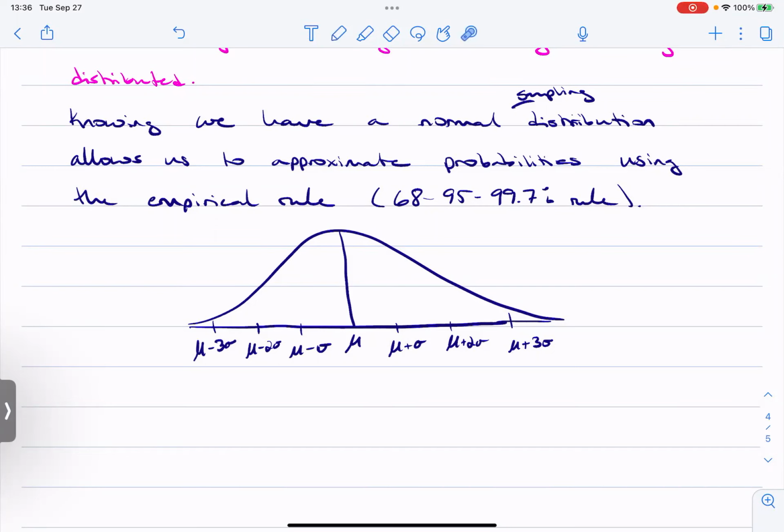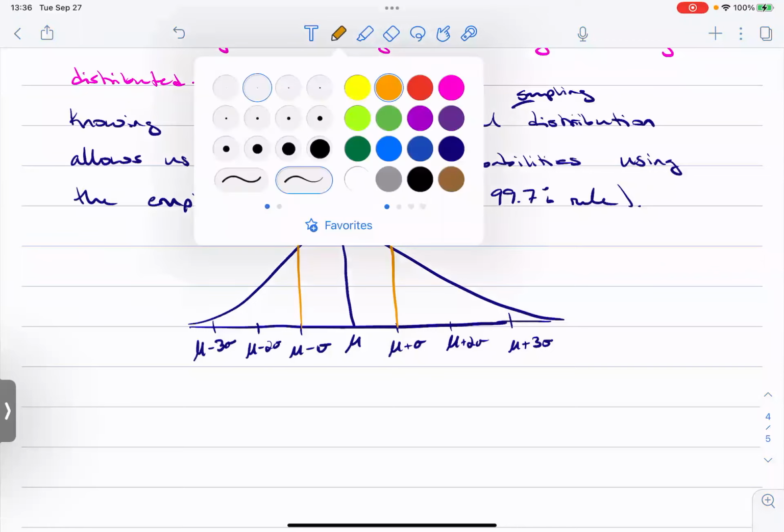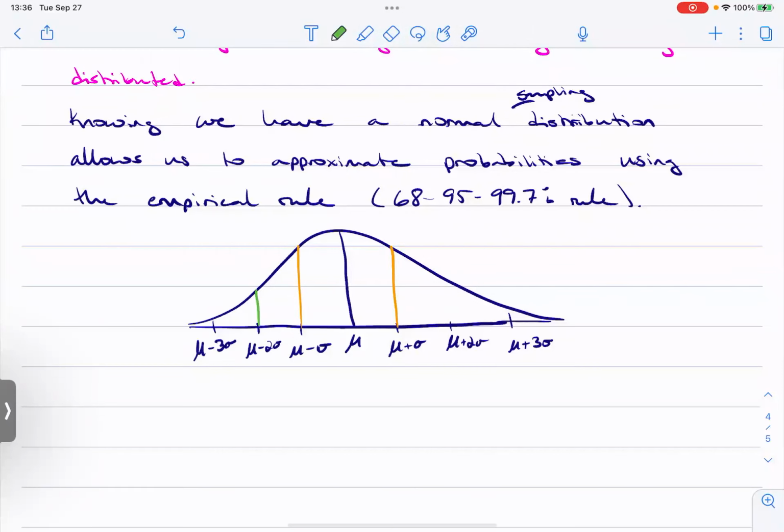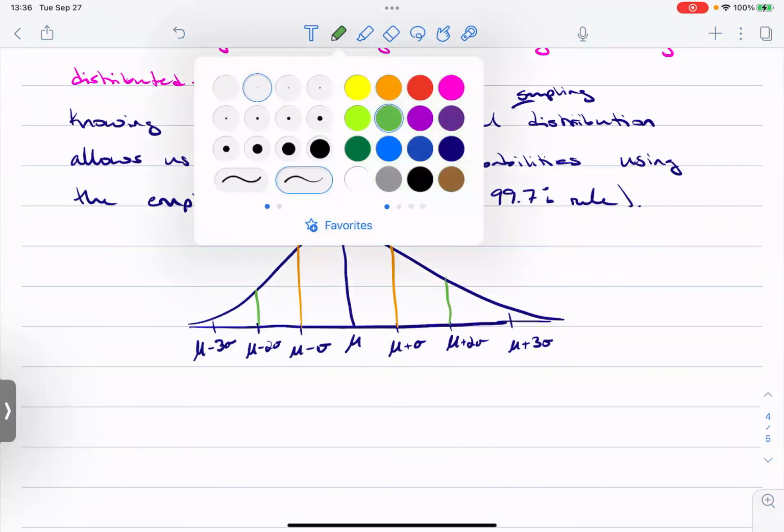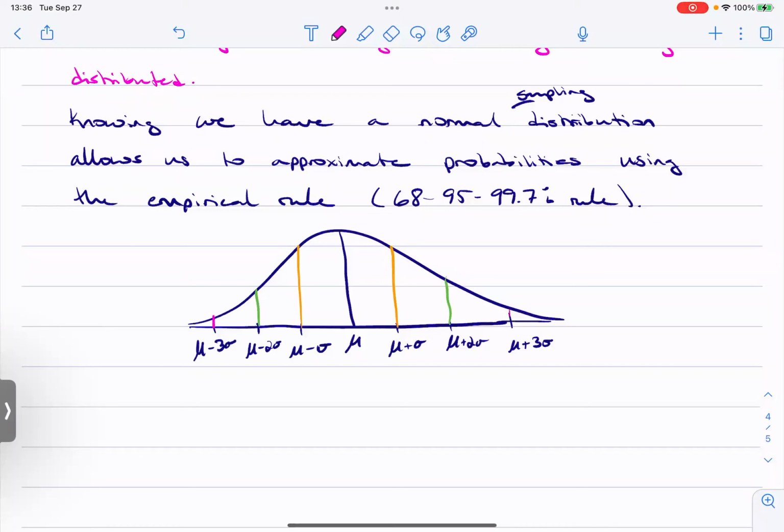What I'm trying to say is that if I know these cutoffs here, and if a value is beyond the green bars, for example 2 standard deviations away, then I often reject the null hypothesis.